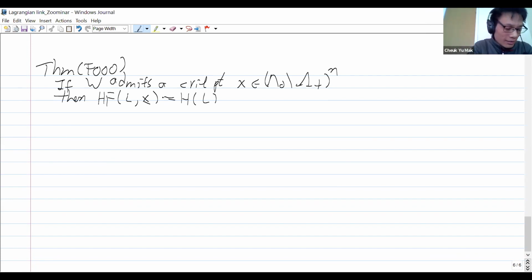I mean, it's a vector space. And L is non-displaceable.